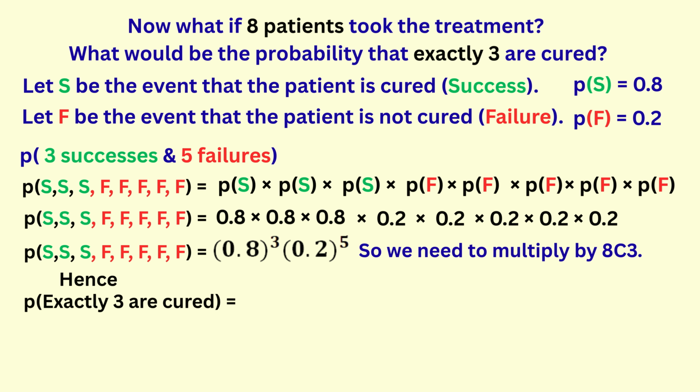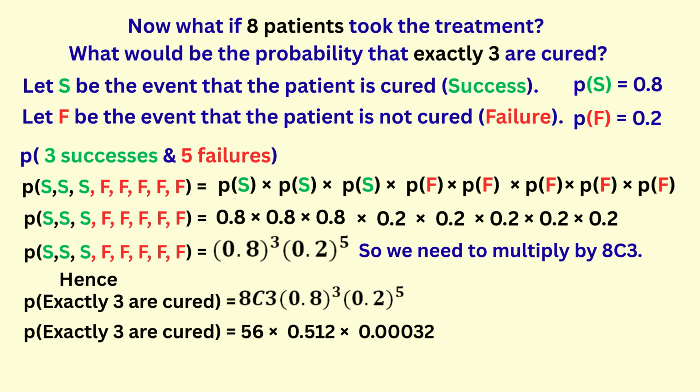So the probability that exactly 3 patients are successfully treated out of the 8 that took the treatment is 8 choose 3 times 0.8 raised to the third power times 0.2 to the fifth power, which is 0.0092.